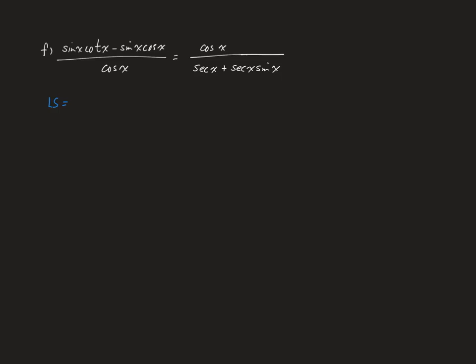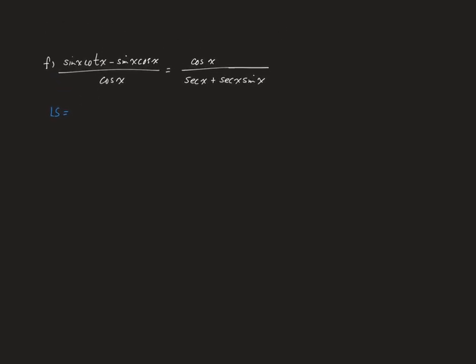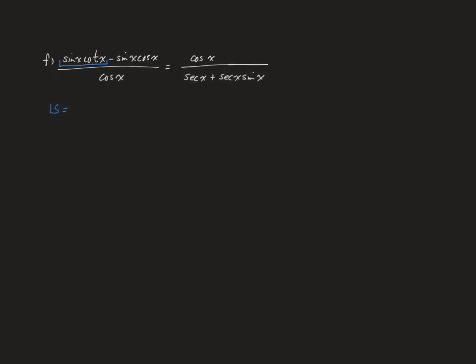Now, I look on top, and I have a couple things that I can do. I notice that I have two terms on top: a sin x cotangent x and a sin x cos x. In those two terms, I have a common factor of sin x. And so maybe I factor out my sin x to leave me with the rest.